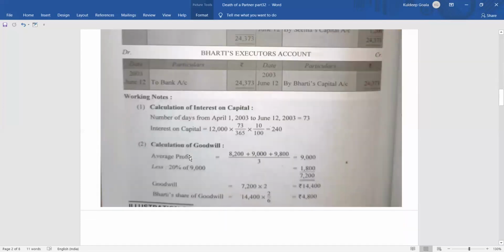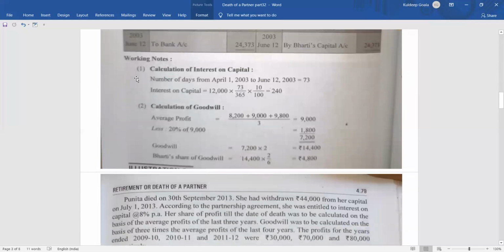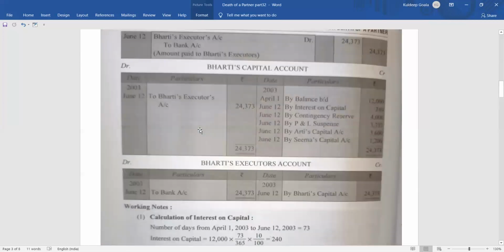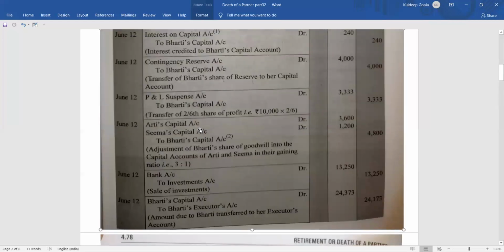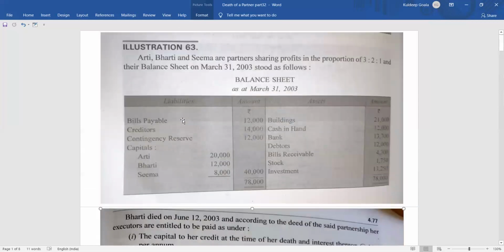In case of interest on capital, we have already found it out. In case of Bharati's share of profit, just a minute, I'll show you the working note here.